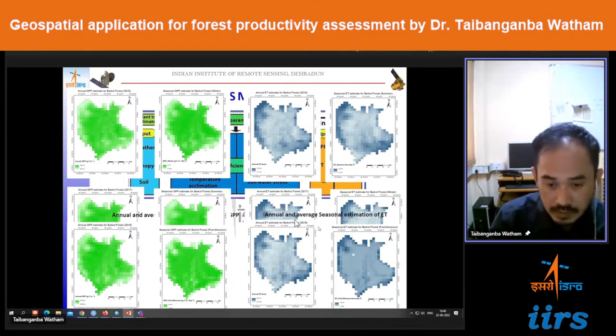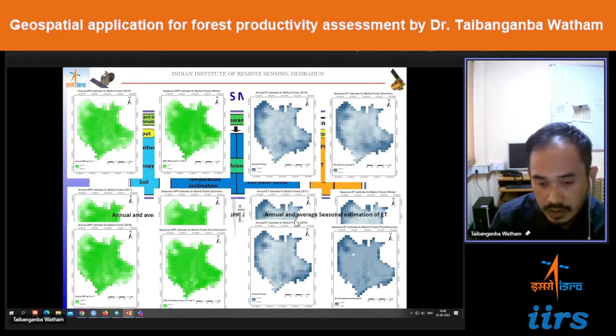But these are some of the little bit more advanced models, which use more calibration parameters than the simple light use efficiency and the empirical models.